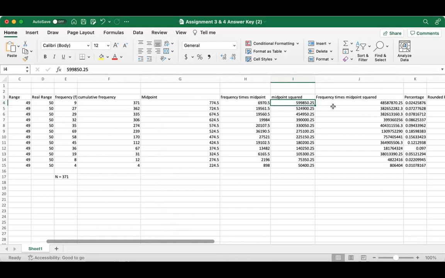So then frequency times midpoint squared. Are you guys ready for that? Are you still? No, no problem. Pretty similar. I'm gonna wait for everybody to catch up and then I'll show you. Numbers are confused, why?